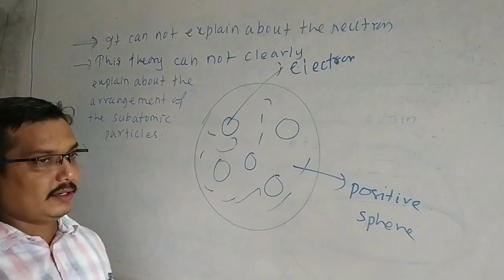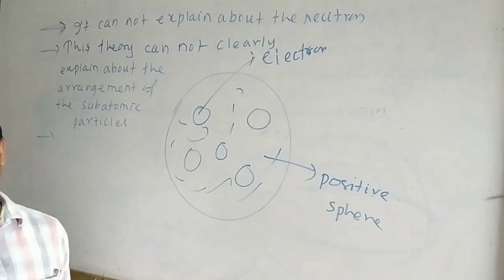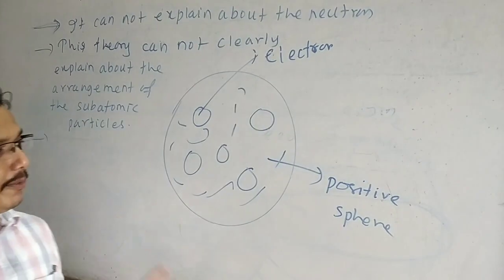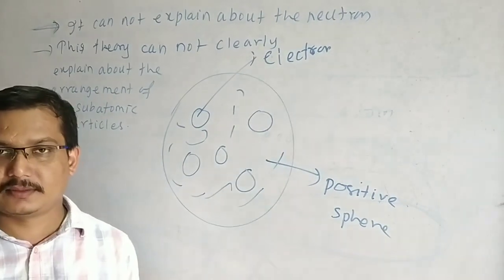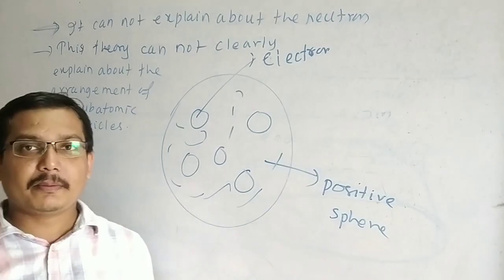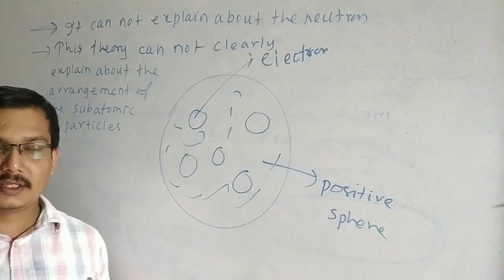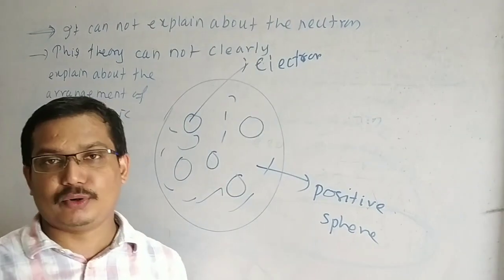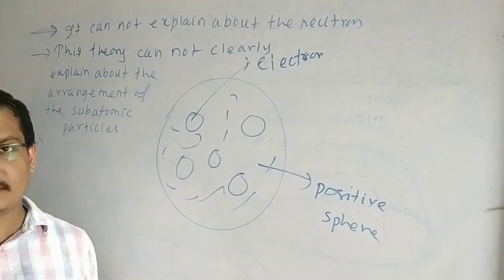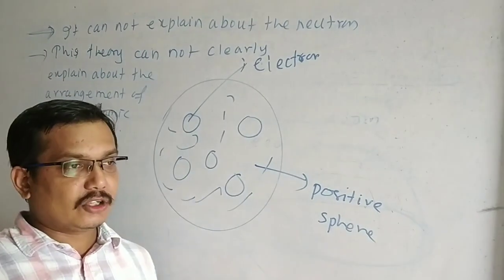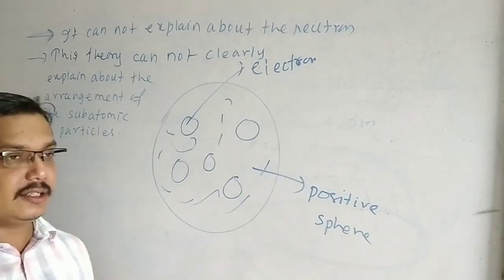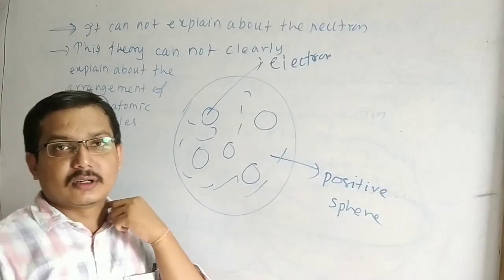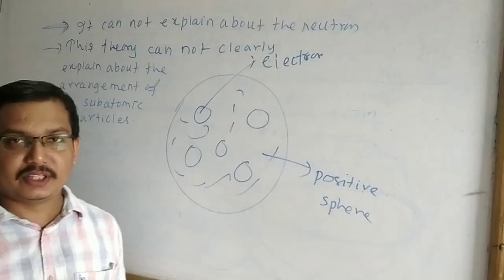Thomson's model is based upon the watermelon or plum pudding, but it is a hypothetical concept. After that the Rutherford atomic model came, in which he took an experimental probe, the alpha scattering. So we can consider that this is also a limitation, because we cannot believe a hypothetical concept.